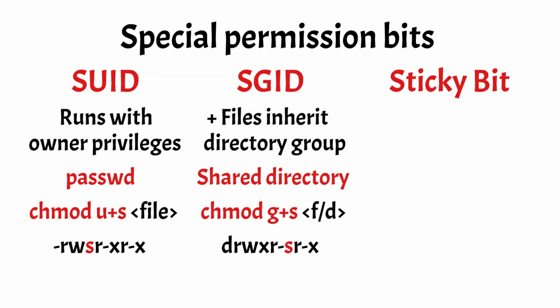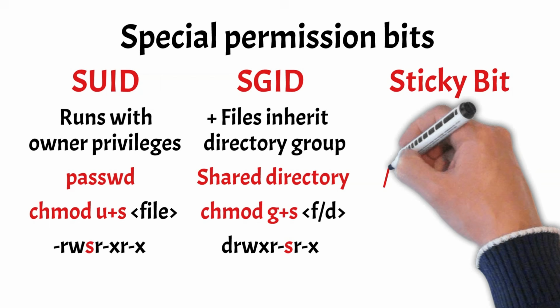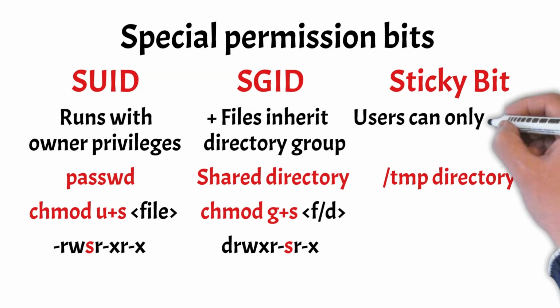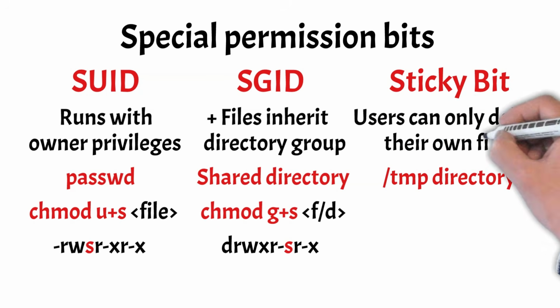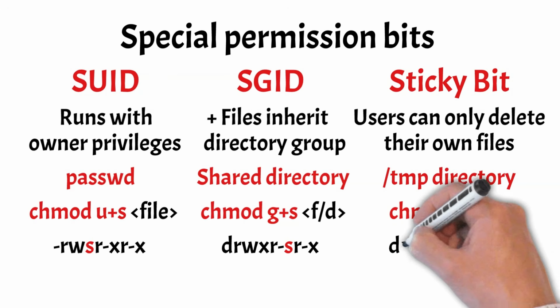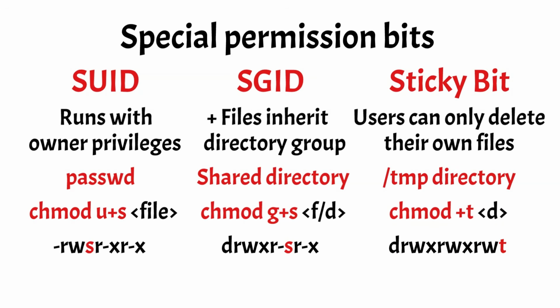The sticky bit is typically used on special shared directories, such as tmp. When this bit is set, users can only delete files that they themselves created, even if the directory is writable by others. It can be applied using chmod +t, and it appears as a t in the final position of the permission string. In this command, you don't need to specify the user or group.